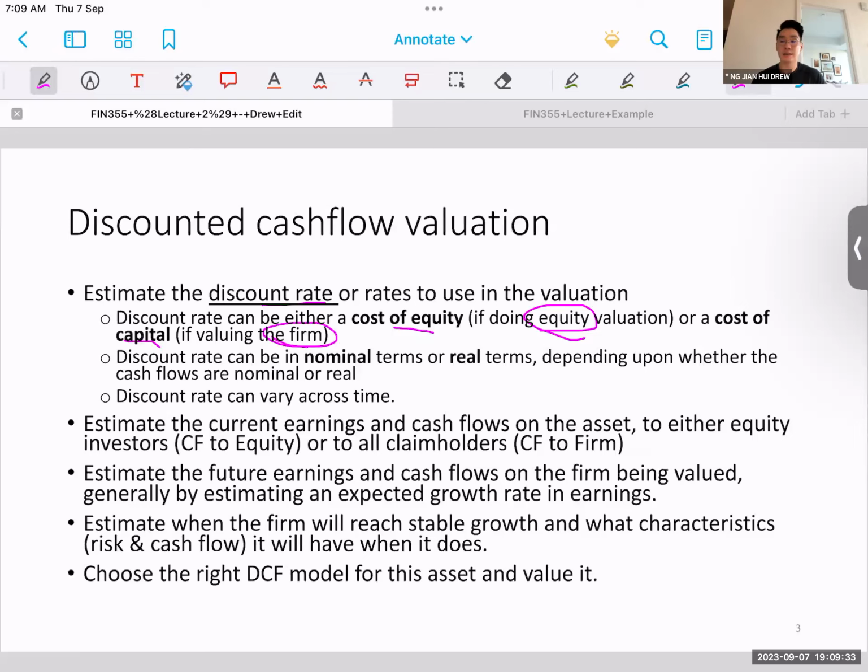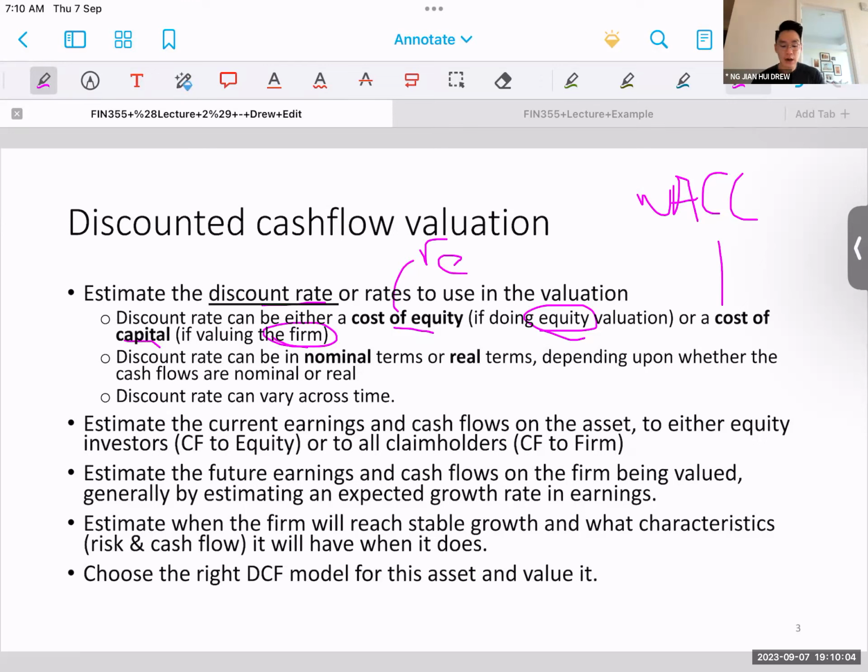If you are taking the standpoint of a shareholder, which means you are an equity holder, you want to use the cost of equity. If you are taking the standpoint of the firm, meaning considering both equity and debt, then you need to use the cost of capital. The classic cost of capital is WACC. Cost of equity is usually RE, which is the short form.